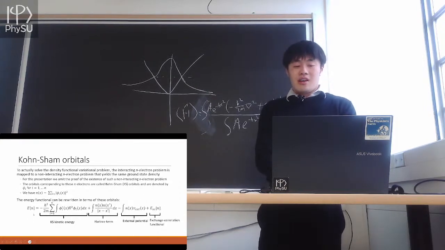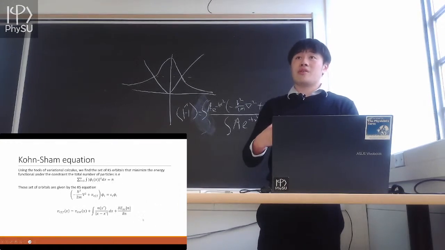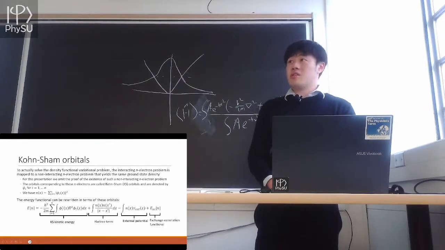You take all of the errors that would be induced by just treating this as the total energy, and you subtract that from the actual ground state energy of the system, and the remainder is called the exchange correlation functional.